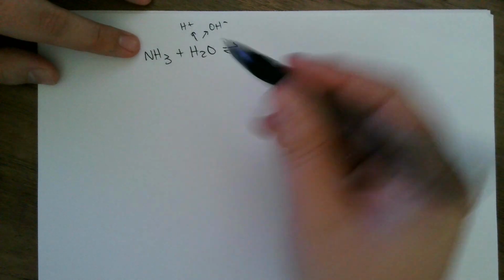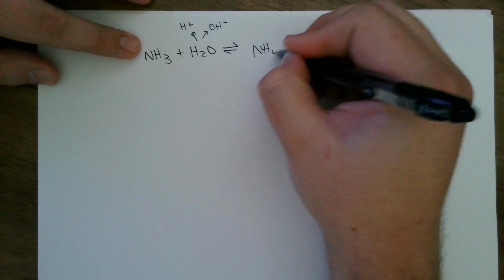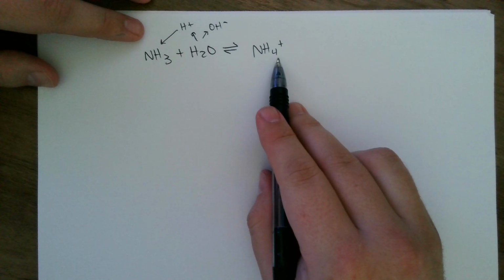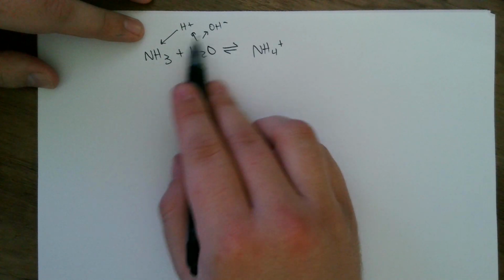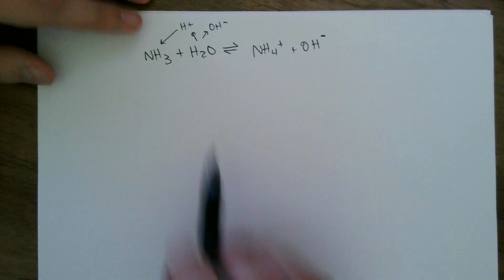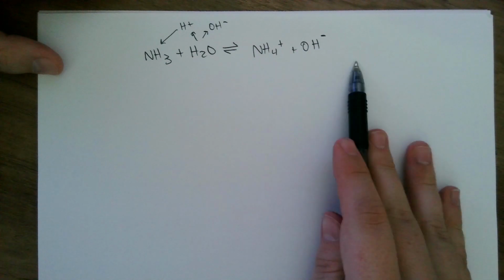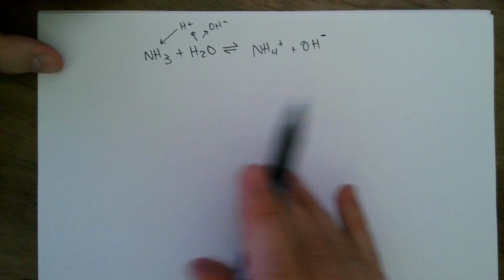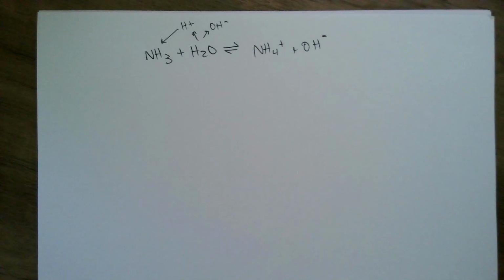It sees a proton here, so it's going to take that to make NH4+, my conjugate acid. Now I have this OH- left over, so that's what I have here. So this is the actual full reaction, and it's all balanced. But sometimes you write a little shortcut, and you'll see both, so I wanted to show you both.